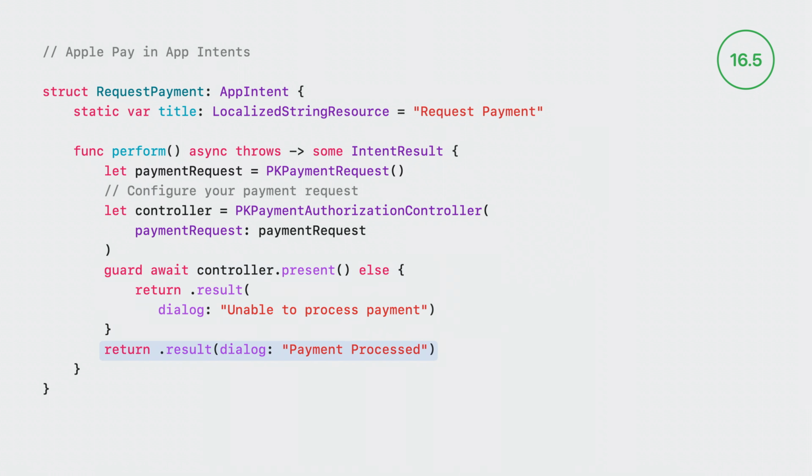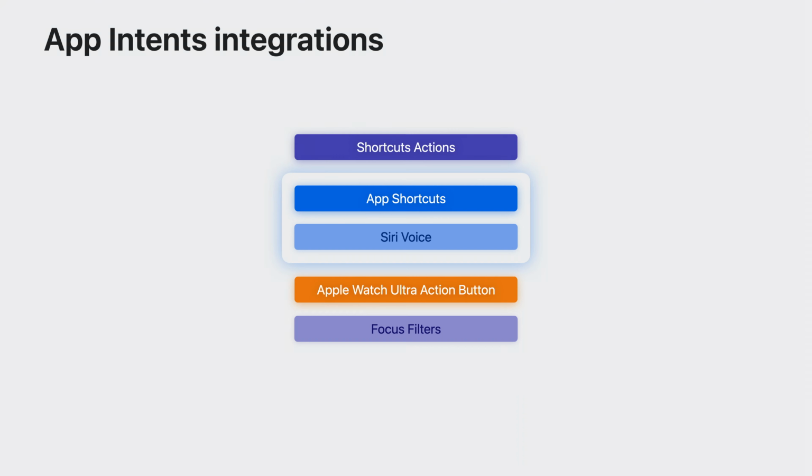Finally, let's dig into a couple of updates to integration between app intents and the Shortcuts app. Let's start with all the different places in the system where app intents is integrated. App intents is a modern way to build shortcuts actions, and app shortcuts make it easier to discover and use your app's functionality with Siri and the Shortcuts app. There's also integration with focus filters and the action button on Apple Watch Ultra.